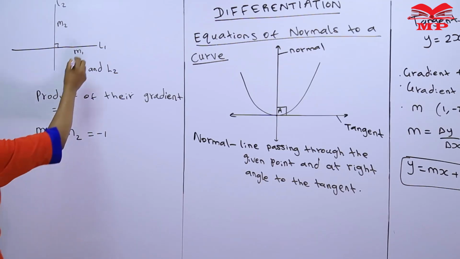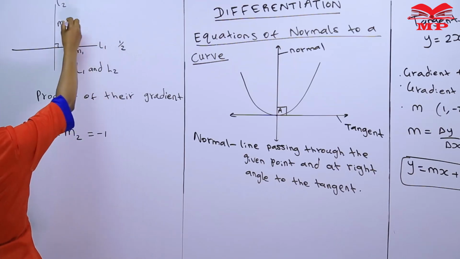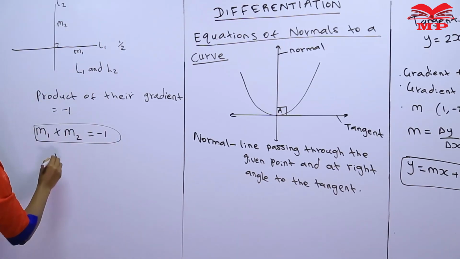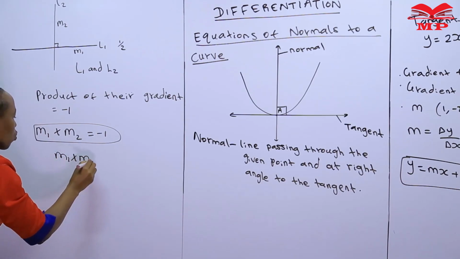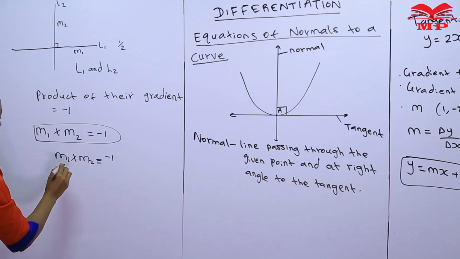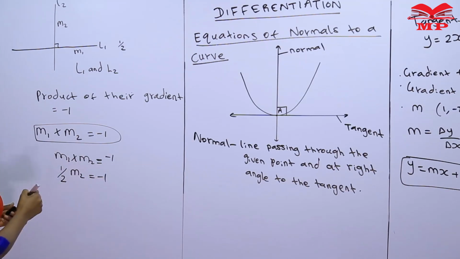So if you have the gradient of line 1 as maybe 1/2, and you want to get the gradient of M2, you say M1 times M2 is -1. If M1 is 1/2 and you don't know M2, then 1/2 times M2 is equal to -1.